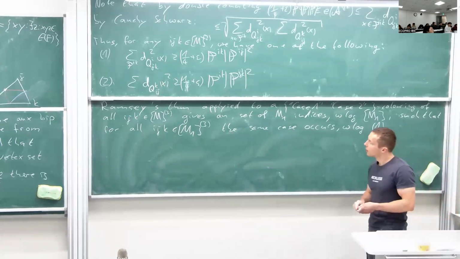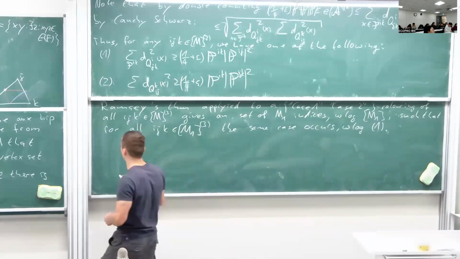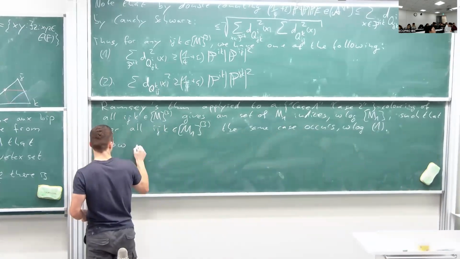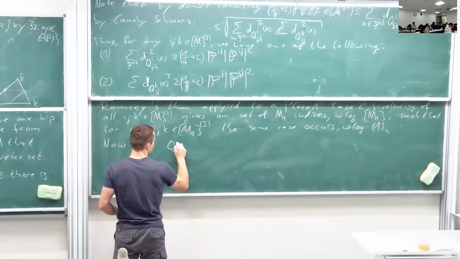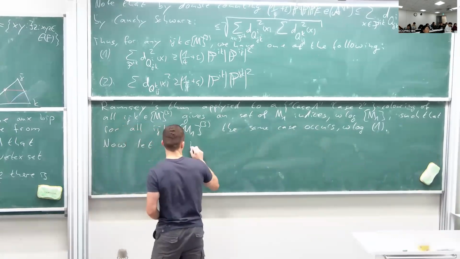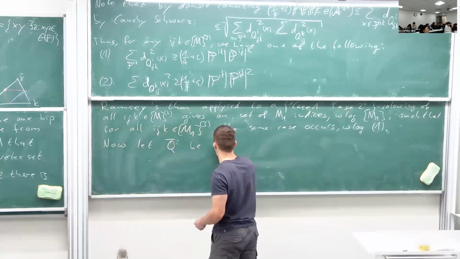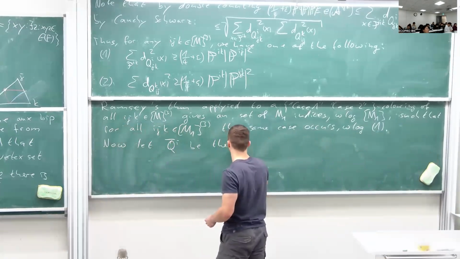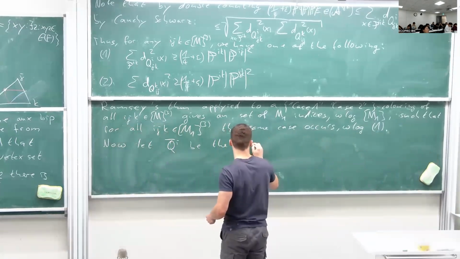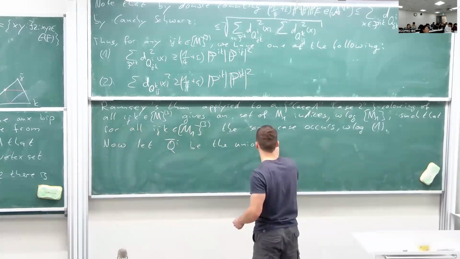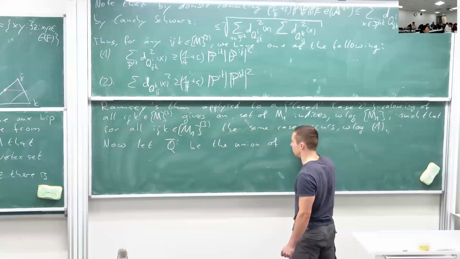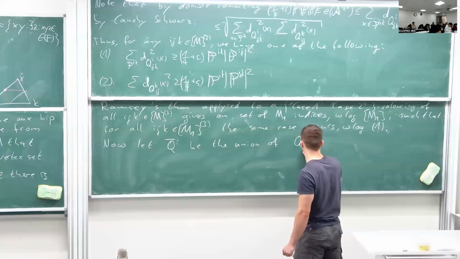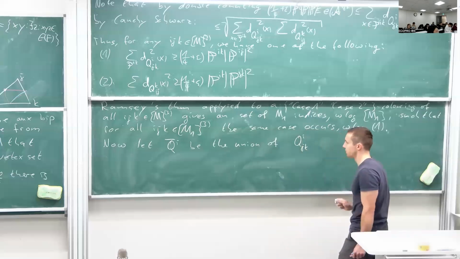Okay. So now let Qi bar be the union of all the Qi jk.